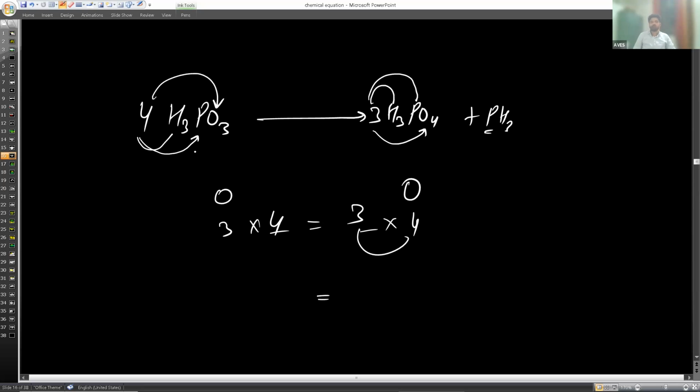How many hydrogens? 4 3s are 12, and here 3 3s are 9, and 3 here in PH3. So 3 3s are 9 and 3 is 12. So it is balanced, no? Balanced. Let's try to balance the next equation.